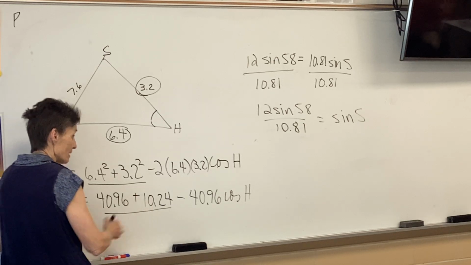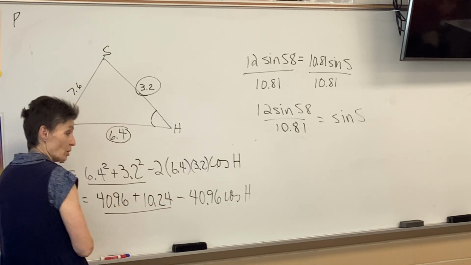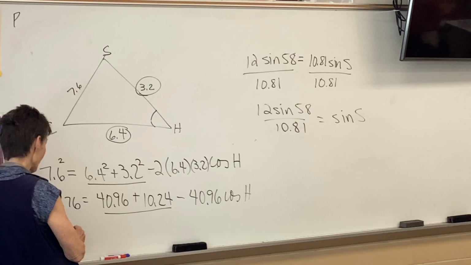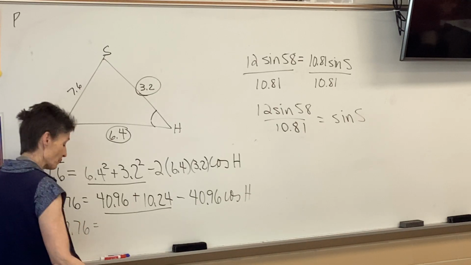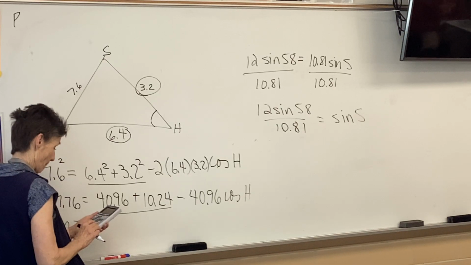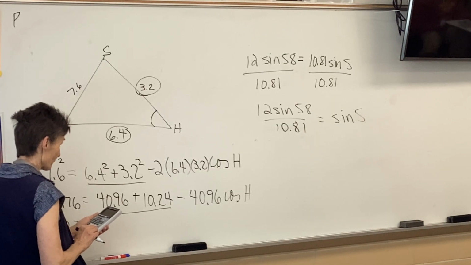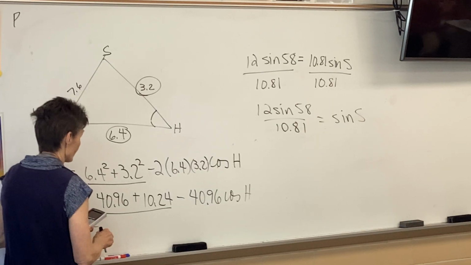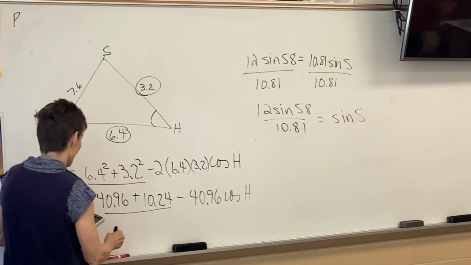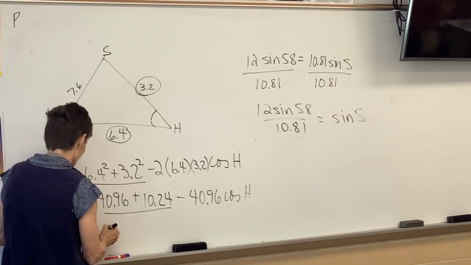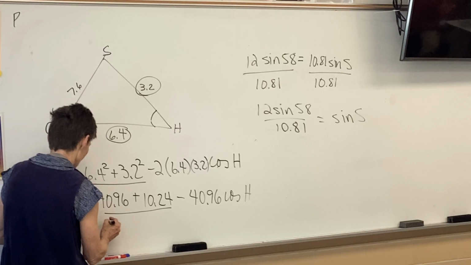These can be added. That cannot be combined with those. So 57.76 equals 51.2.